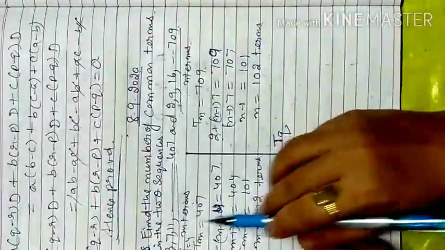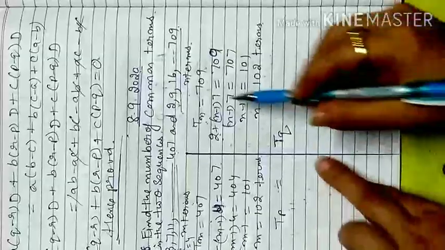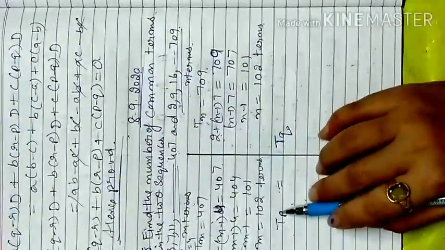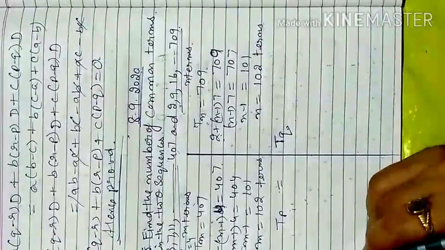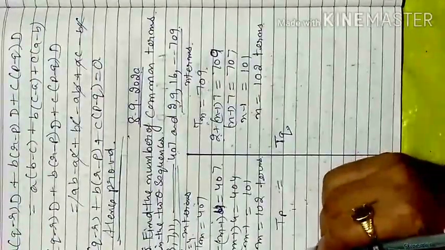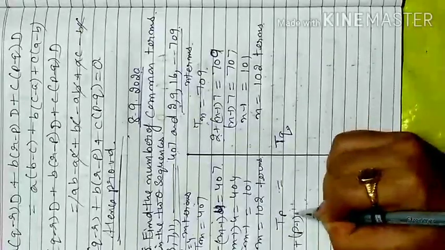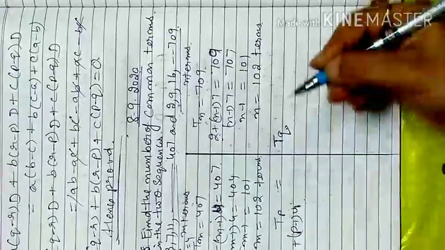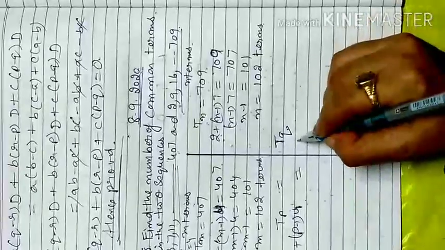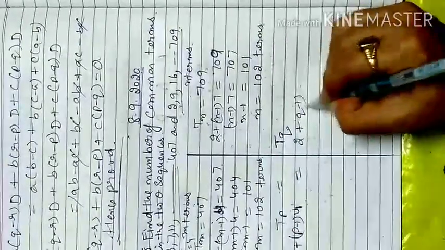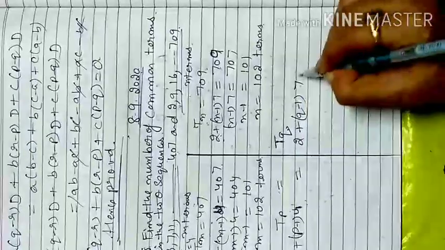Now we apply the pth term formula here. The first term is 3, so 3 plus (p minus 1) times 4 is equal to, here the first term is 2, plus (q minus 1), the difference is 7.